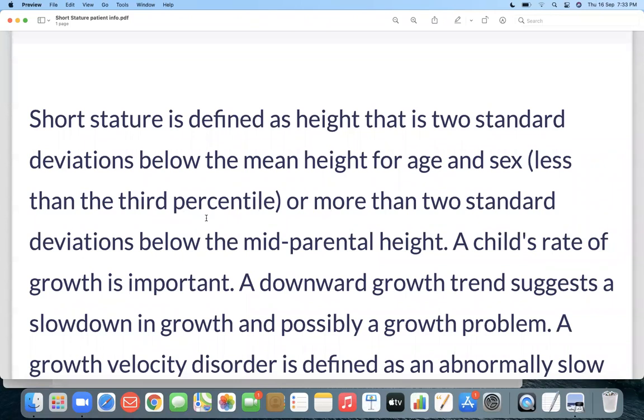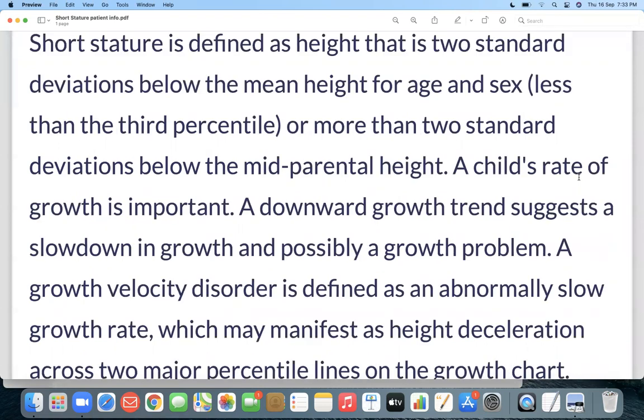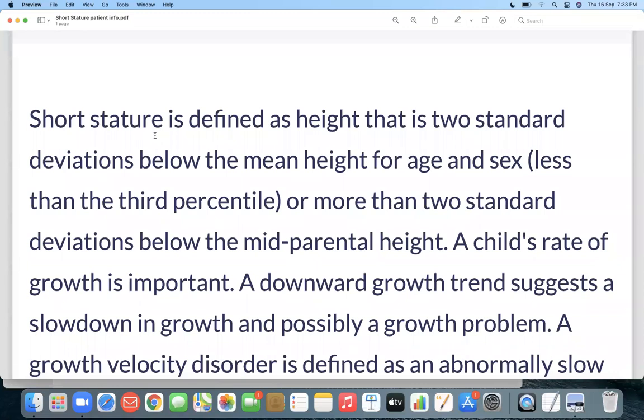This is the new one, but even from before I remember it was less than 2nd centile, right? Yeah, I remember this too because this was written in Nelson also: less than 2 standard deviations for height and less than 3 standard deviations for microcephaly. Okay, let's keep this and search some other places and see.